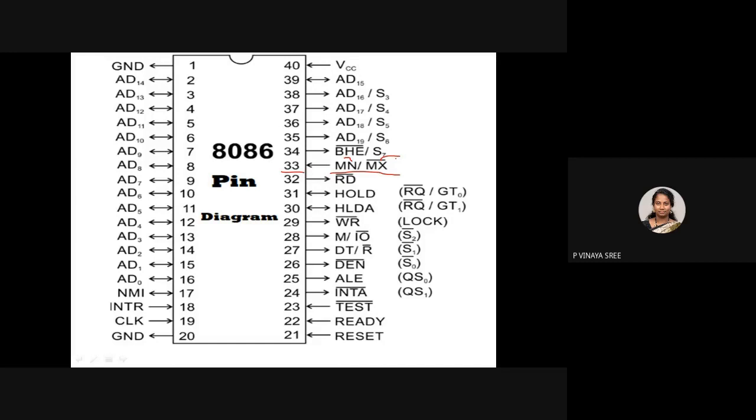Active low means the pin will be active if it is 0, and minimum mode will be active if it is 1.